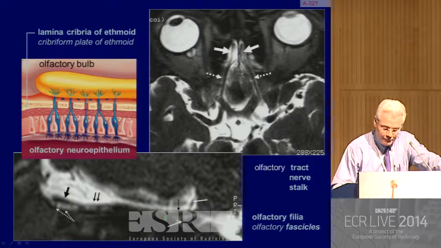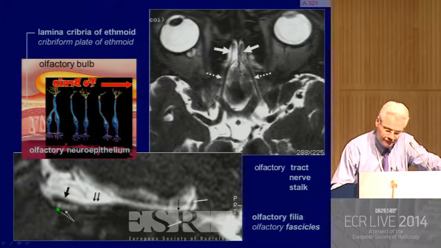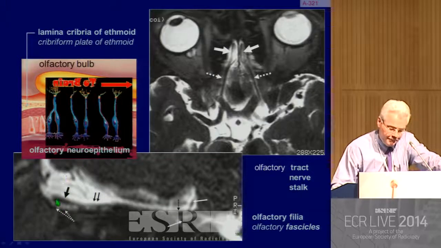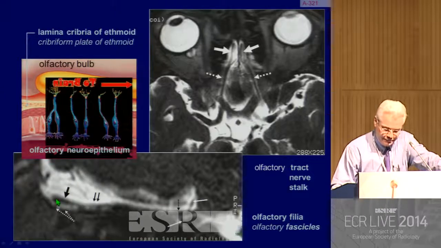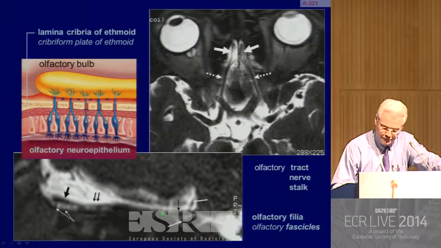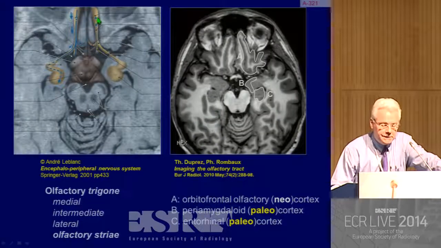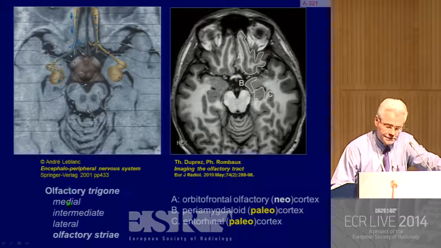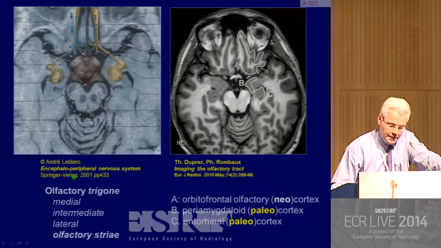On this sagittal reformat, we identify the olfactory fascicles or olfactory fila, which are those unmyelinated axons, which are reaching the olfactory bulb and olfactory nerve. The next step is that the olfactory nerve splits into three olfactory striae: medial, intermediate, and lateral.